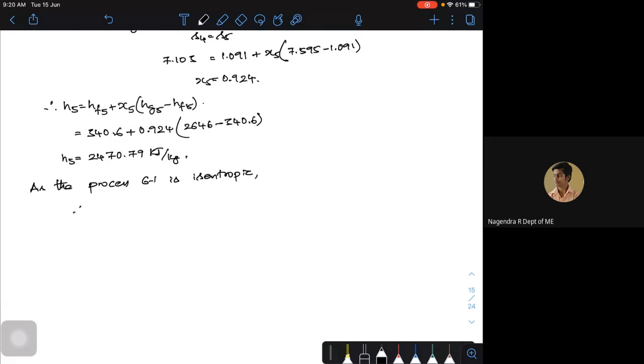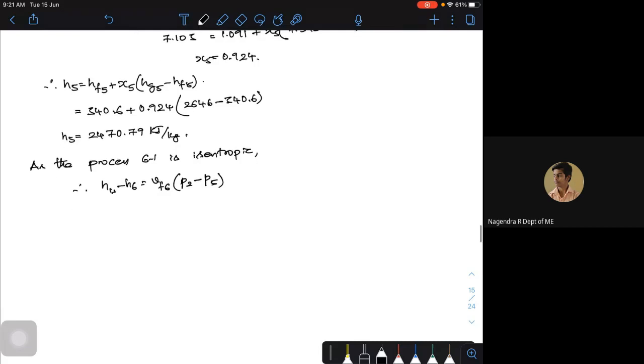So therefore, what I will do, H1s minus H6 is equal to the specific volume at that particular point. It is VF, VF5 or VF6, both are the same. That is VF6 into the pressure at P2 minus the pressure at P5, that is your condenser pressure.